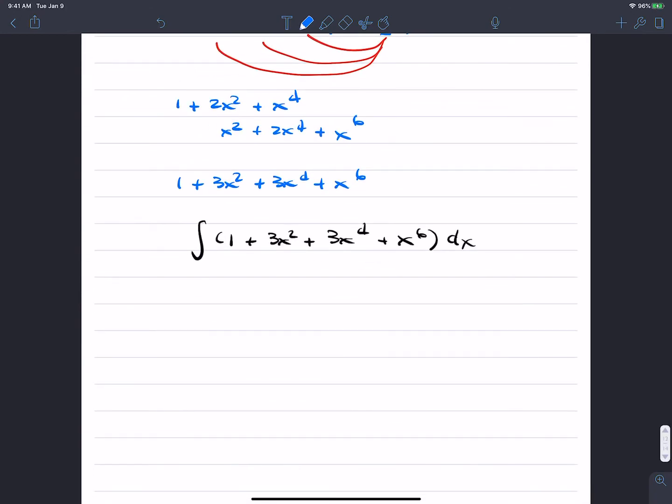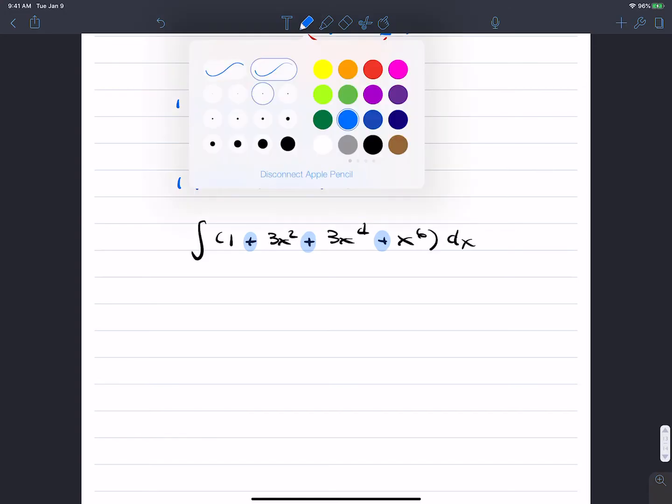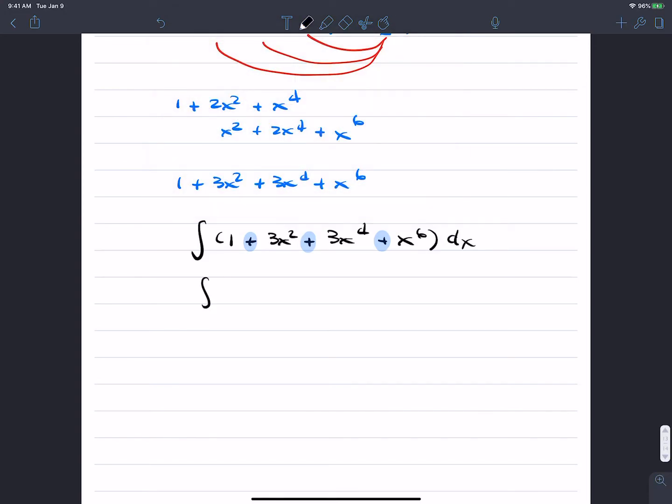So now we're going to use properties here of integrals. I have sums. So the integral of a sum is the sum of integrals. And so we'll write that down that way. dx plus 3x squared dx plus the x to the fourth dx plus x to the sixth dx. And now I get to pull out all my constants. Wherever I have a constant, I only have 2.